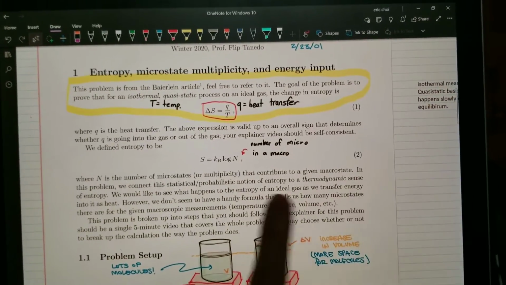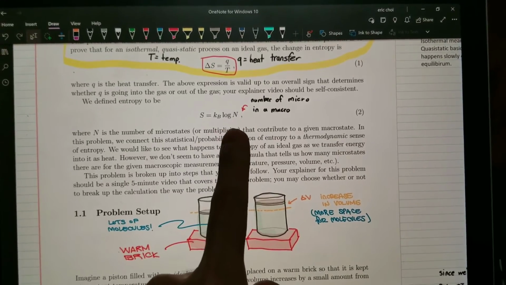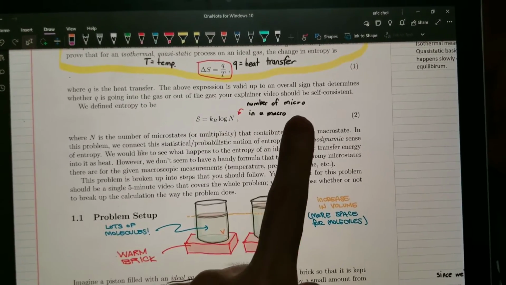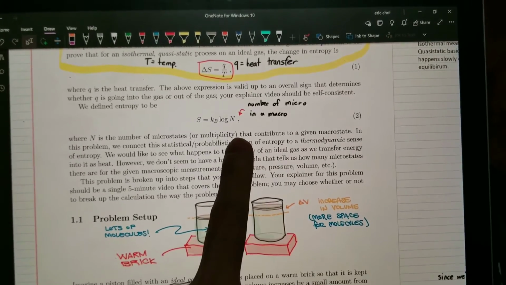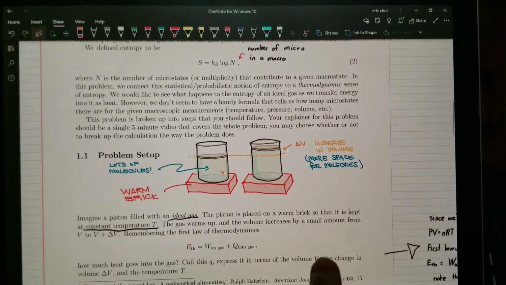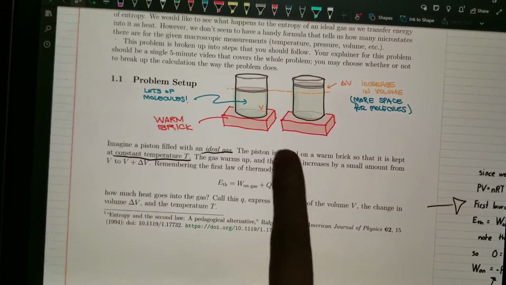Now those will be useful later on, but for now, just note that this equation right here that he explained in the lecture is the number of microstates that contribute to a macrostate, and that will also be used later. Now, to begin the problem, we have to go with the setup.